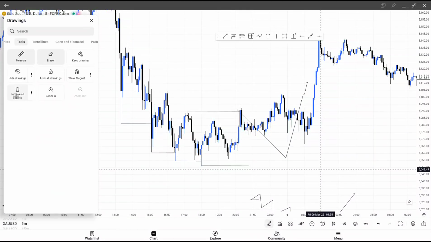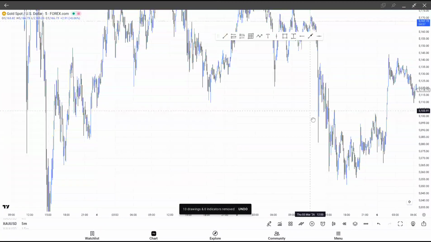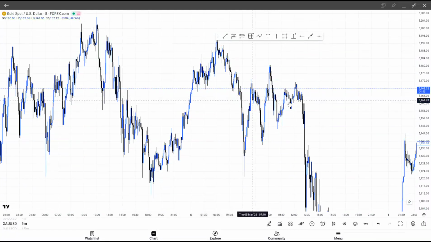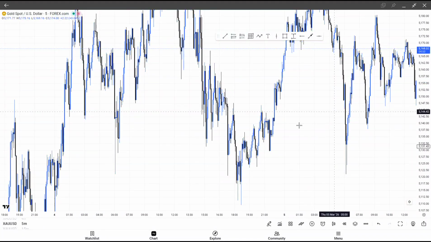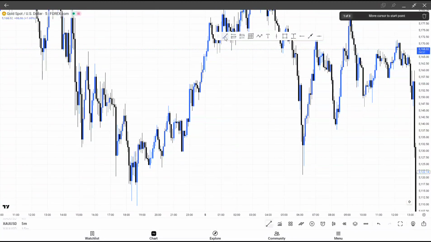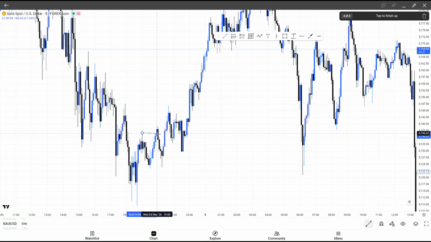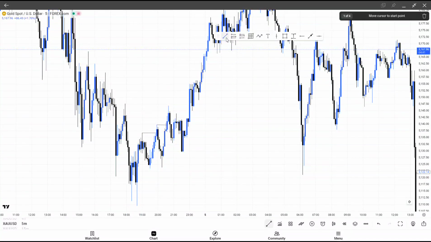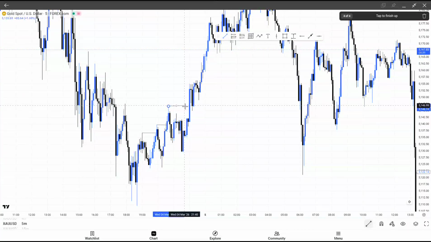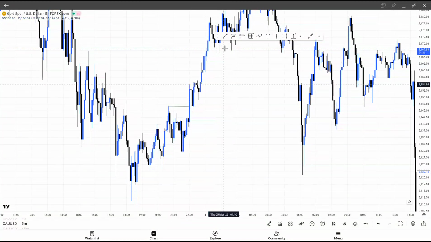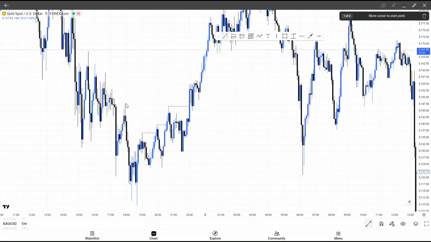Okay, right now I'm going to take the opposite direction for you to see. For example, in this bullish market, we have a break of structure here. We have another break of structure here. We have another break of structure here. And those who know can definitely see a double break of structure here, right?